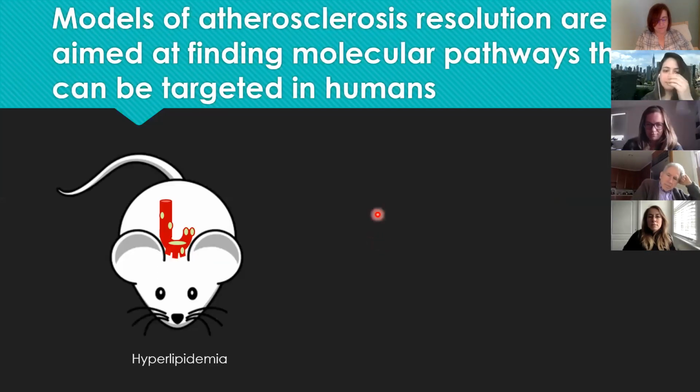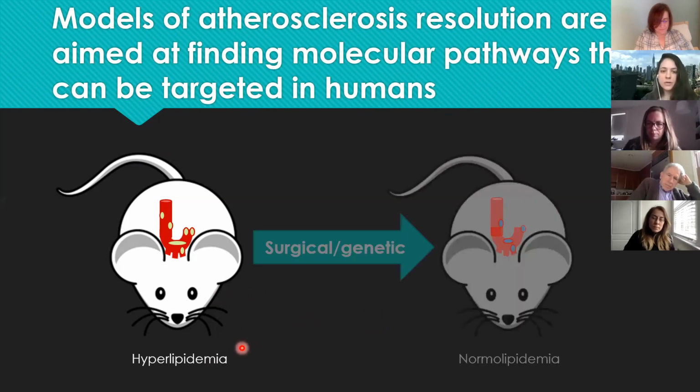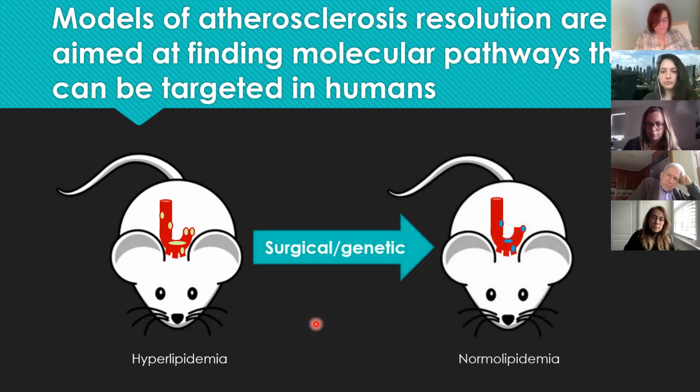In the lab, in the past 15 to 20 years, we've established a few mouse models for resolution of atherosclerosis. And these have commonalities in the way that we do the experiments. We take mice with plaques, so hyperlipidemic mice. And after they develop plaques, we use methods to reduce the cholesterol and revert them to normal lipidemia.